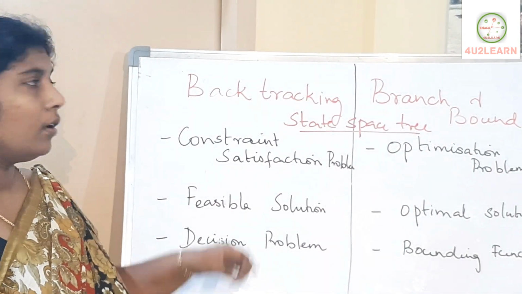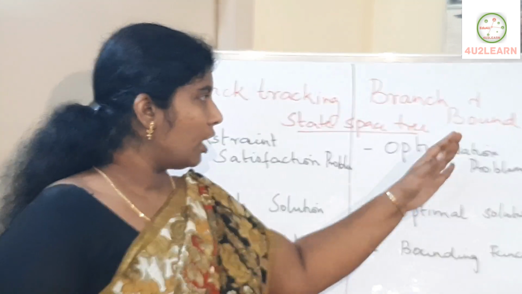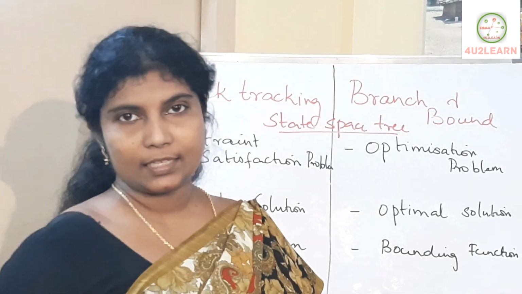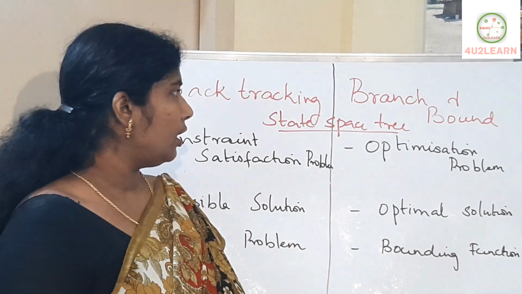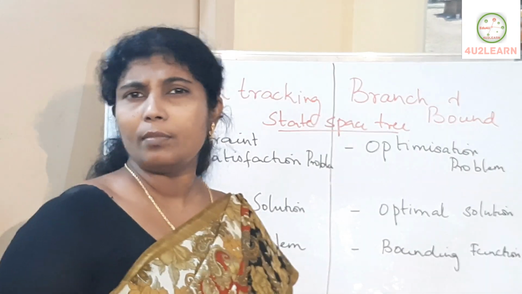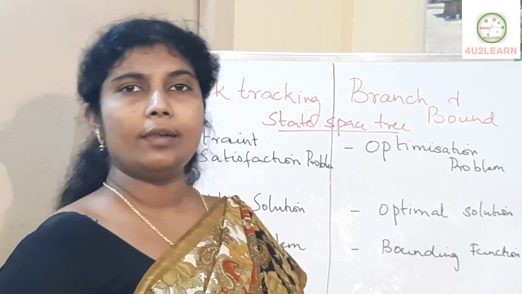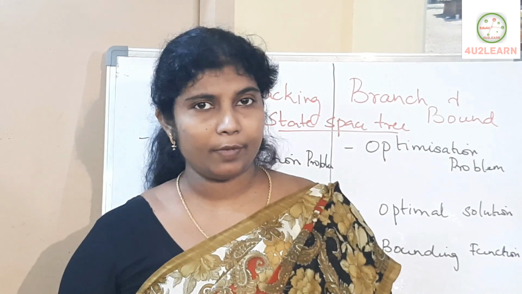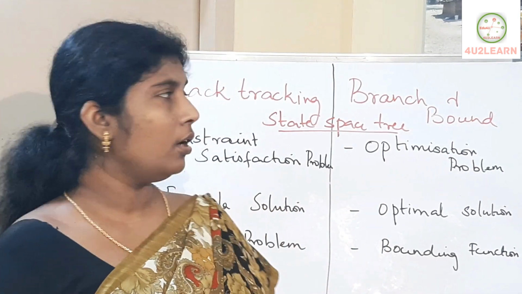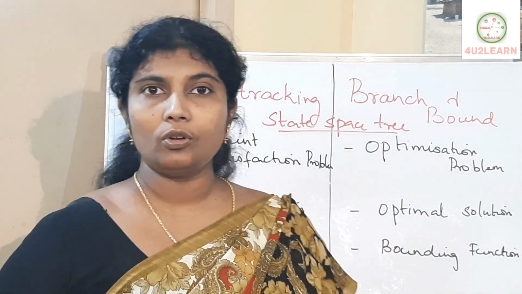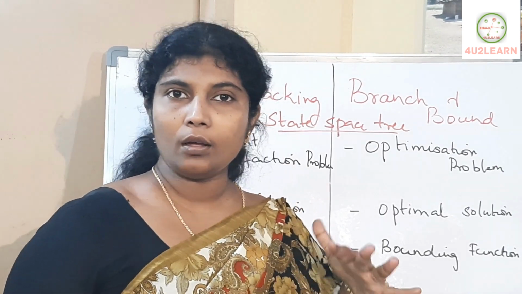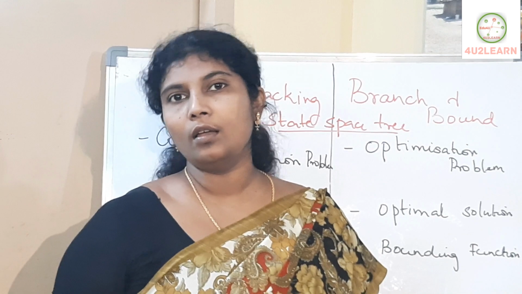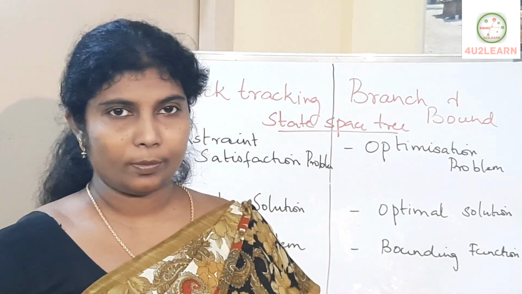In the case of branch and bound, it is an optimization problem, or a mathematical model for solving such problems. Here also we have a state space tree constructed, and we have to look into whether we have to get a maximum profit or minimize the amount or distance or whatever it is.